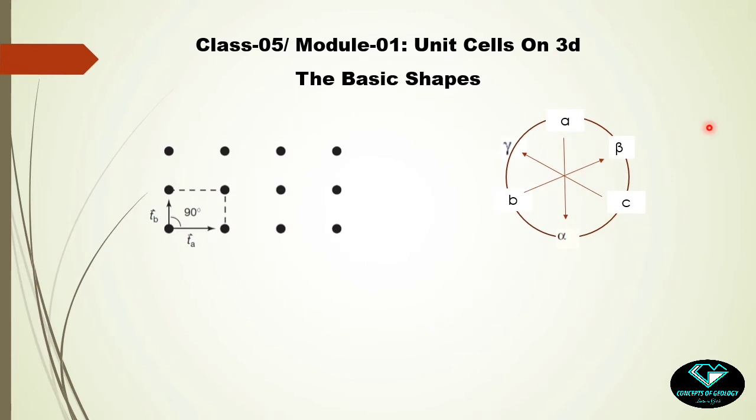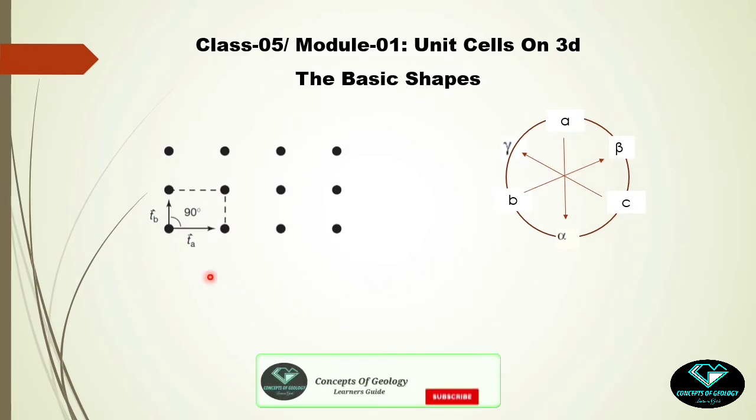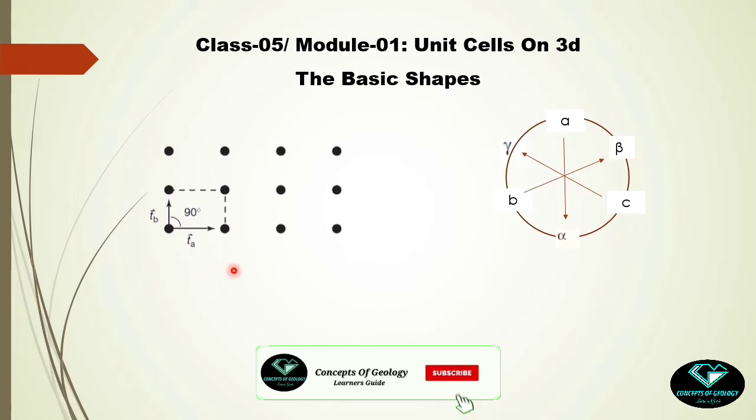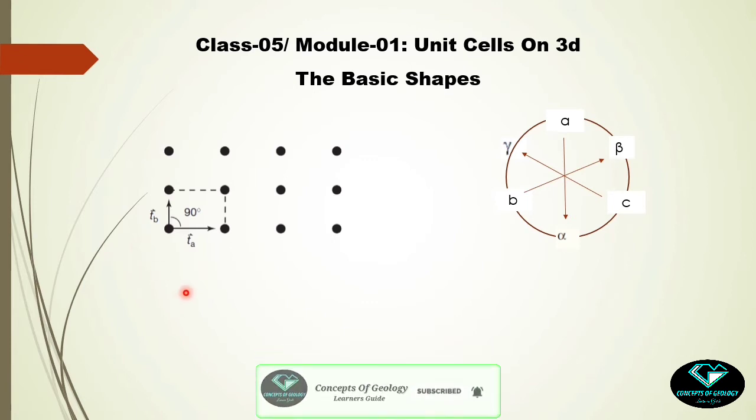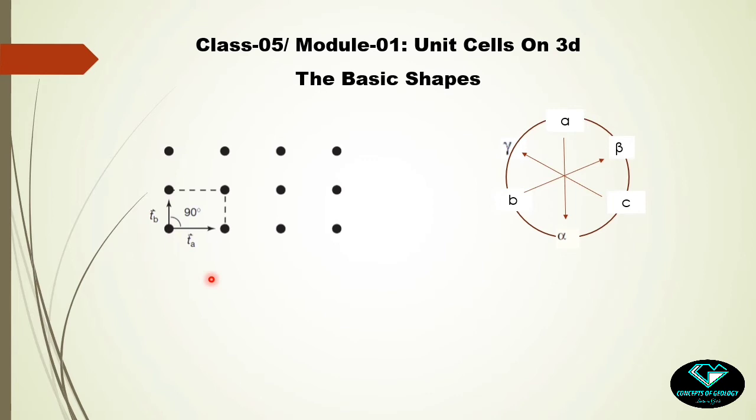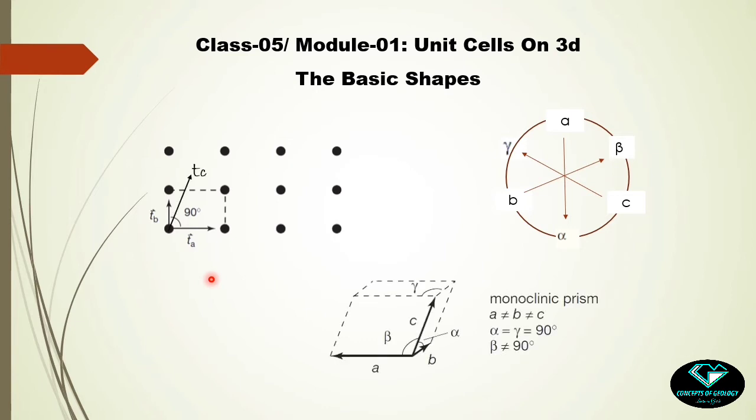Fine. Now next come to the rectangle or the orthonet. Here the unit cell shape is like a rectangle. So the 2 translation vectors, TA and TB, are unequal again, but the angle between them is a special angle, that is 90 degrees. Now if we add the C axis with the translation vector TC, which is unequal to the other 2 vectors and inclined at a general angle, then the resulting object is called a monoclinic prism.